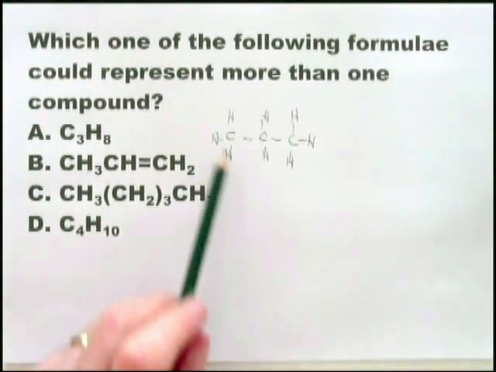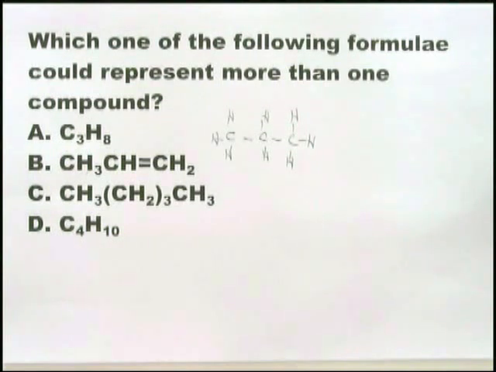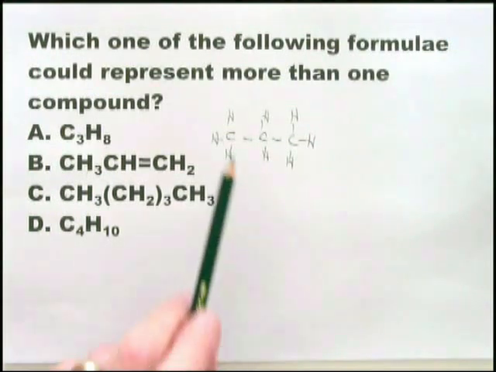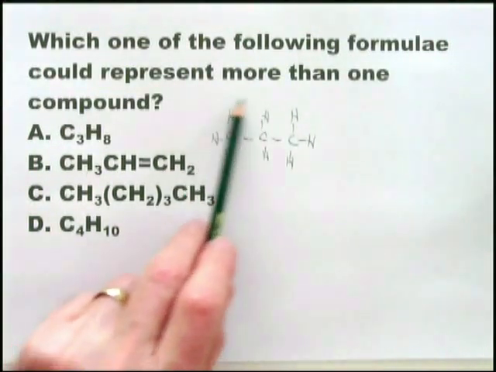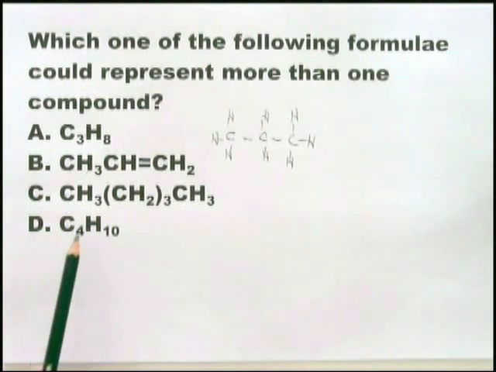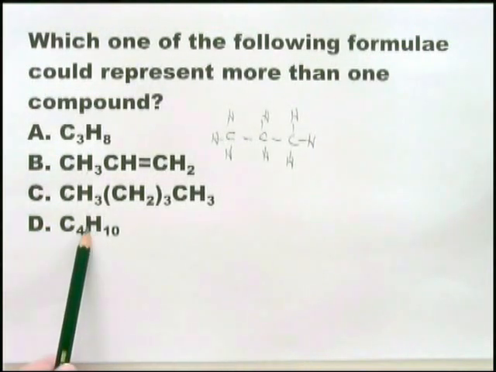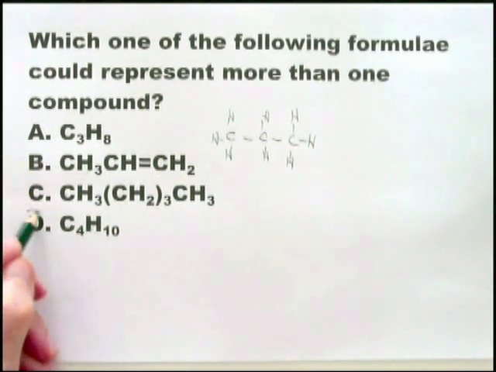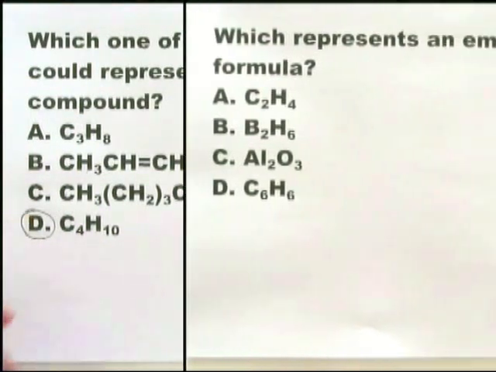There is no possibility of rearranging that, and you should have learned early on in your organic chemistry studies that there are no possible isomers of that. But there are possible isomers of C4H10. Therefore, this one is the only one that can represent more than one compound, and that is clearly the answer.